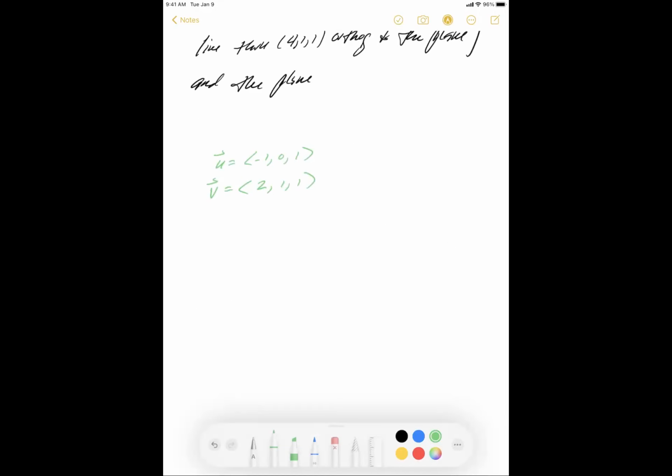This plane contains both of these vectors, which means the normal vector is going to be the cross product of these vectors, which is -1, 3, -1. So there's our normal vector. And when I say the position vectors, that means the vectors that emanate from the origin, which means that this plane contains the origin.